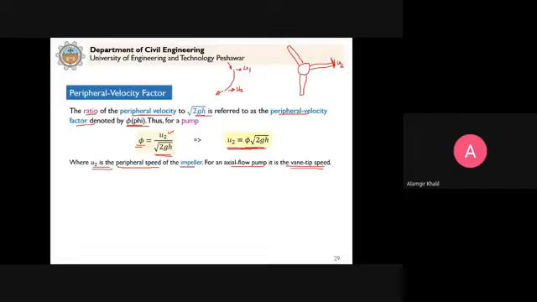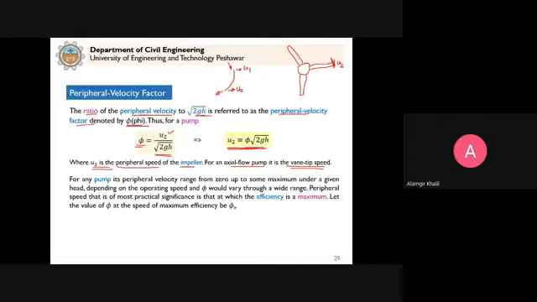What is the use of this? For any pump, its peripheral velocity ranges from 0 up to some maximum under a given head. So for a given head, it can have a range from 0 to some maximum value. It means that correspondingly phi will vary through a wide range.